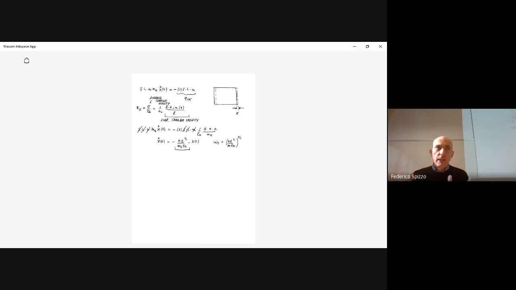Before concluding the discussion of the Drude model, I would like to include a very short calculation concerning another property of the system described by the Drude picture. The last point I would like to discuss with you is the evaluation of the specific heat of the metal.